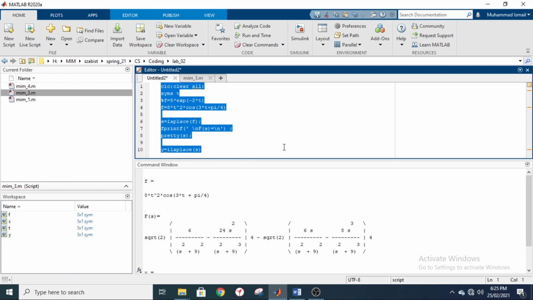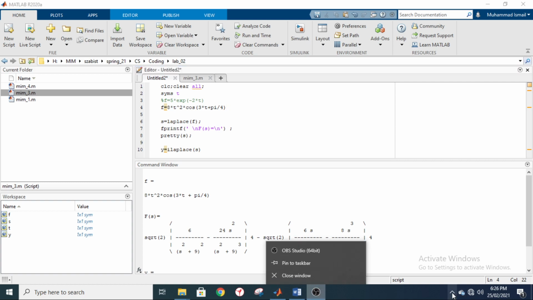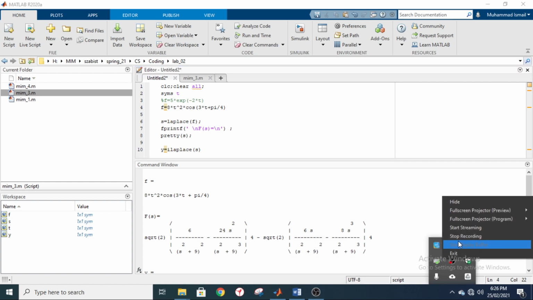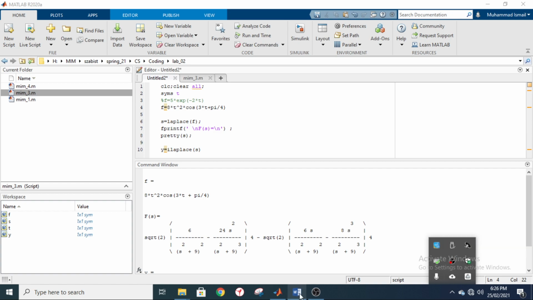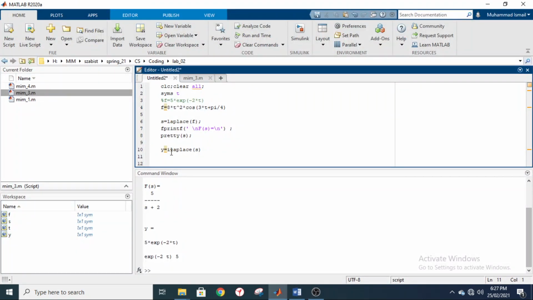t 2 cos 3t plus pi by 4. ilaplace is the command to find the inverse Laplace.